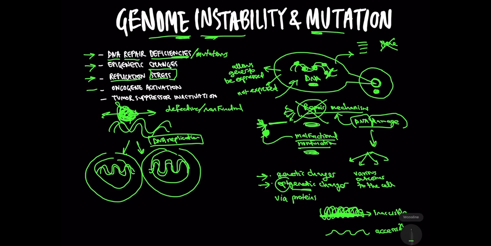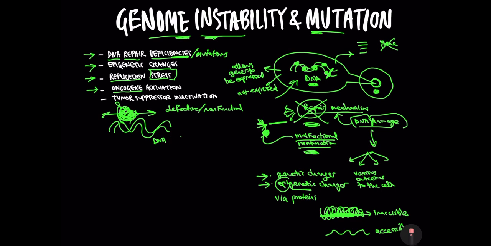Then we have oncogene activation. Now oncogenes are genes that, when active, are going to lead to proliferation of the cells. So if you have one original cell, and if you have oncogenes super active, then this cell is going to divide and divide and divide.